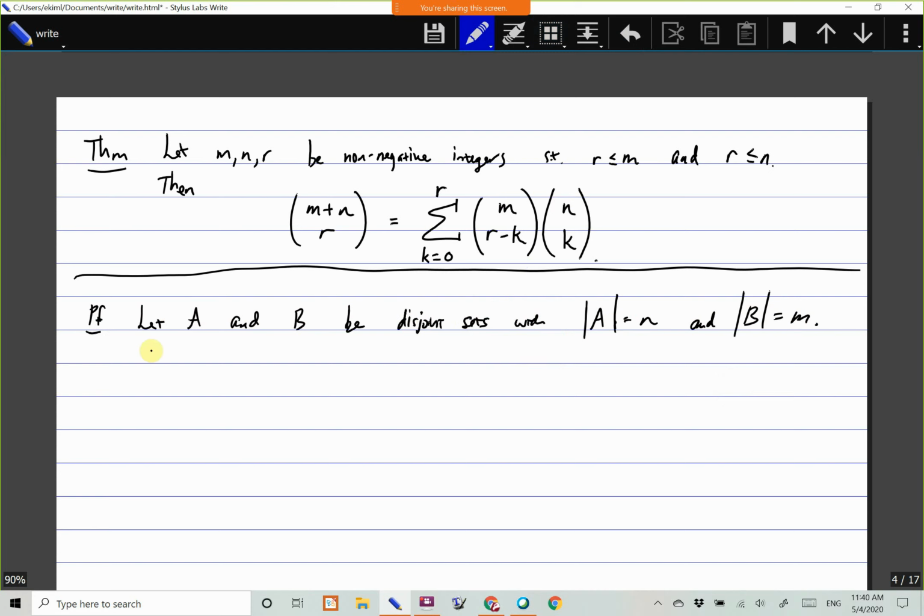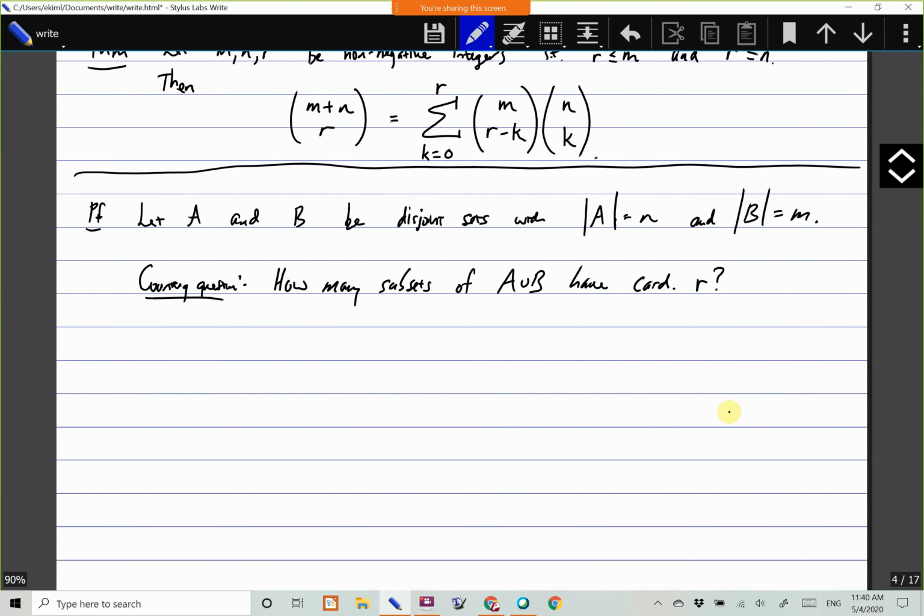So the counting question, I'll do better than my notes actually have here: how many subsets of A union B have cardinality r? If we look at one way to answer this question, I'll call it an experiment here just to change up the language a little.